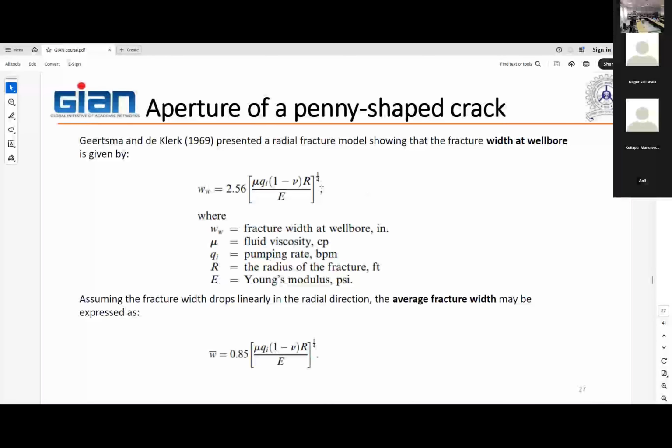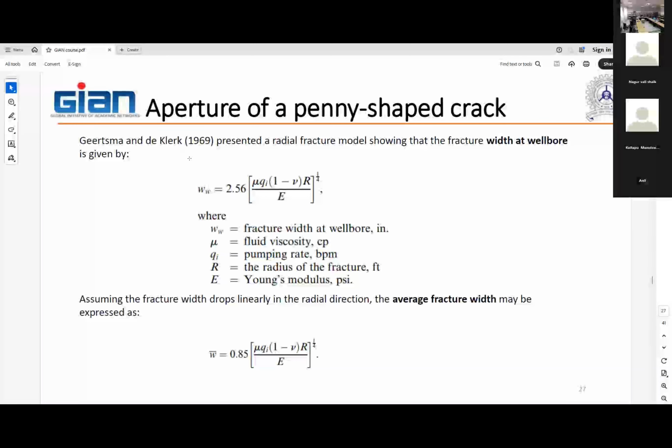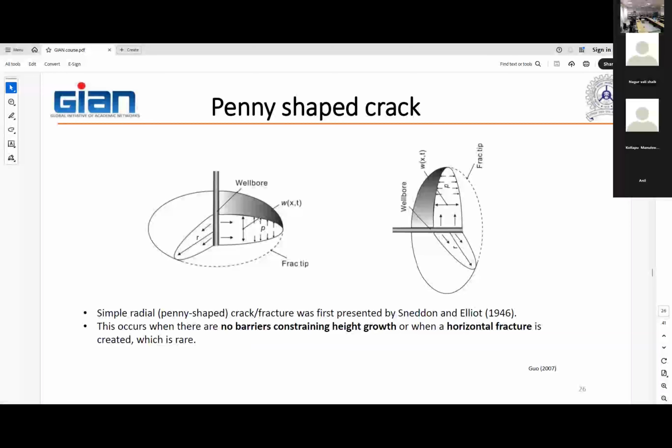Then the aperture of a penny-shaped crack. These authors already calculated the aperture, which is the width at the wellbore. Width of the fracture means the opening of the fracture at the wellbore. This is the width, W. This is the pore pressure inside the fracture, and this is the radius of the fracture.